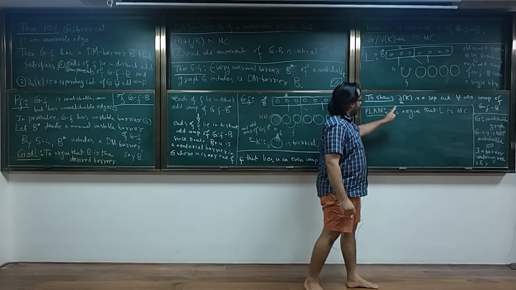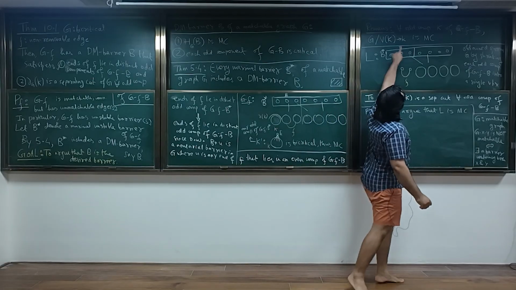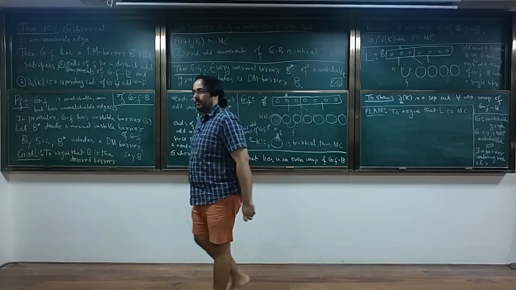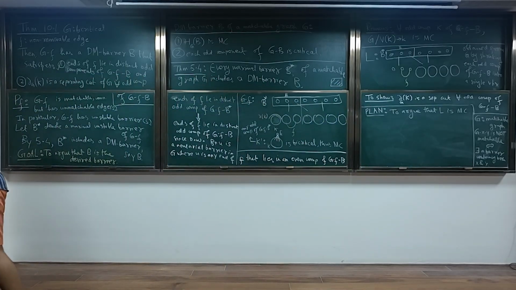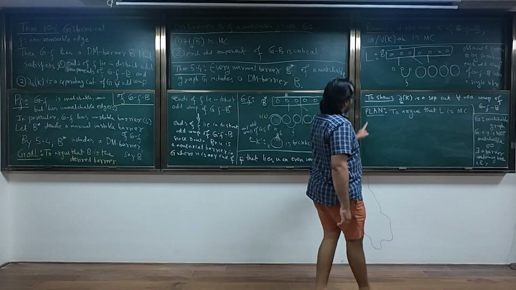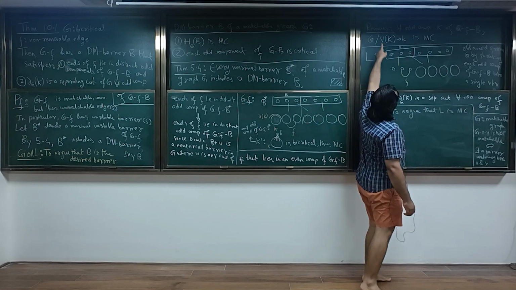And I claim that if we argue this, then we are done with this, using other facts you already know. Let's first address that before we move further. Okay? See if you can convince yourself that this suffices to prove this.